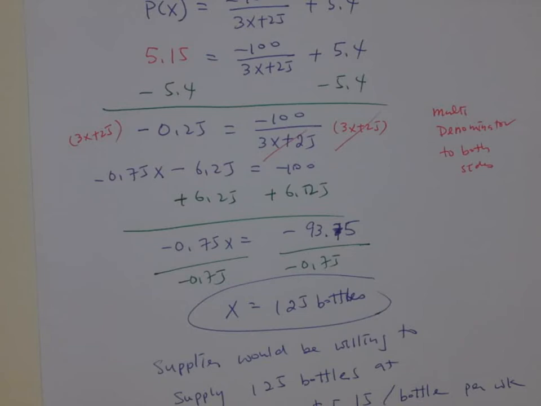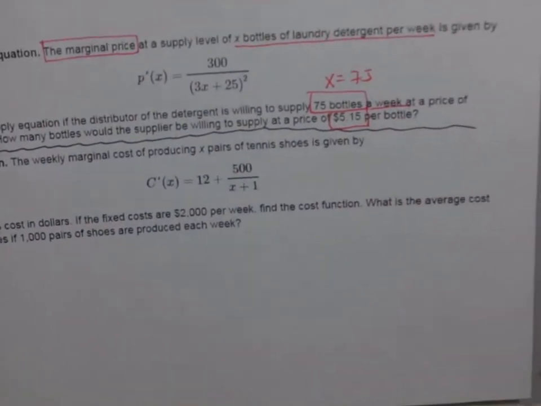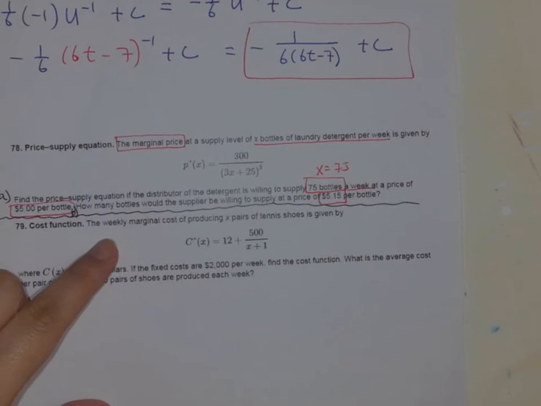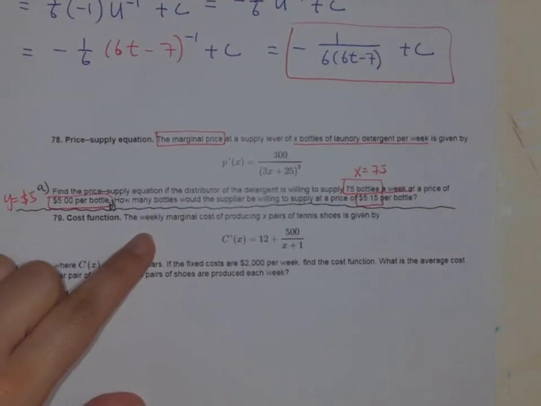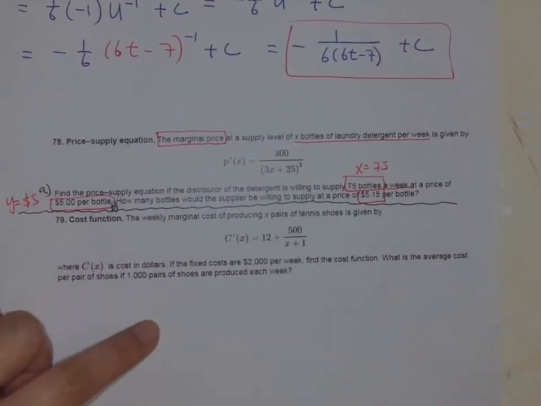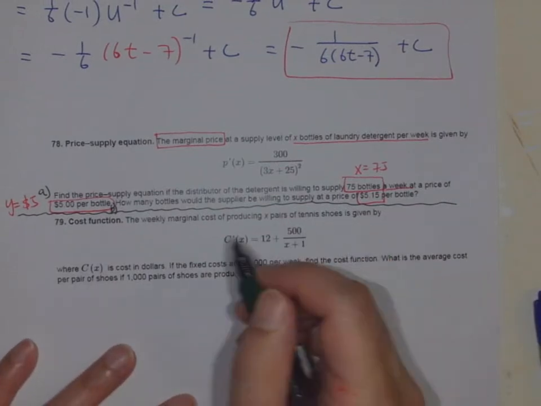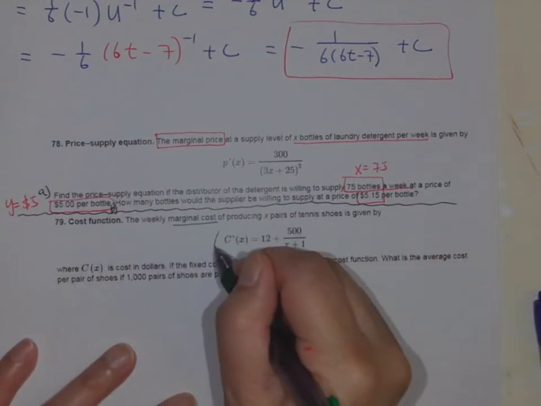We have one more question, right? So let's look at this together. Last question is 79. Cost function. The weekly marginal cost of producing x pair of tennis shoes is given here. Anytime you need to pause the video, feel free to do it. This is a marginal cost function, so the derivative is already taken.